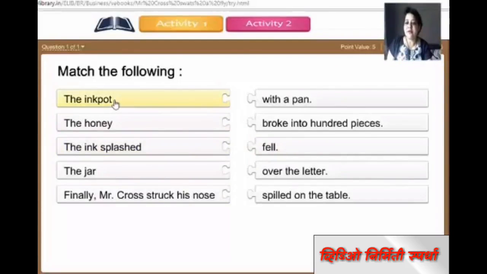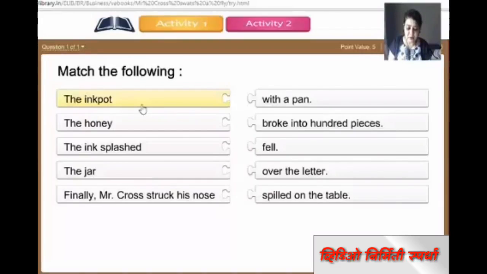So first is the ink pot, the second is the honey, the third is the splashed, and fourth is jar, and finally Mr. Cross struck his nose. Previously this sentence is first sentence. So now we remember all these things. What happened with the ink pot? Okay, so I am going to read for you what happened the ink pot.